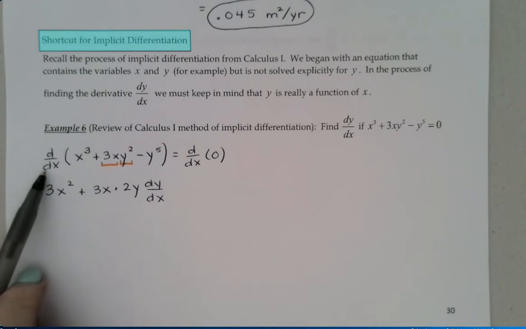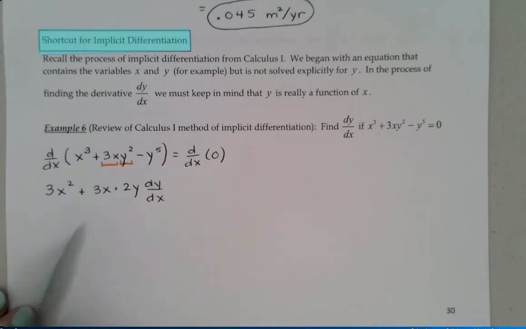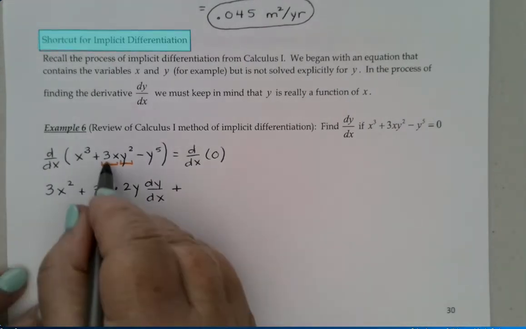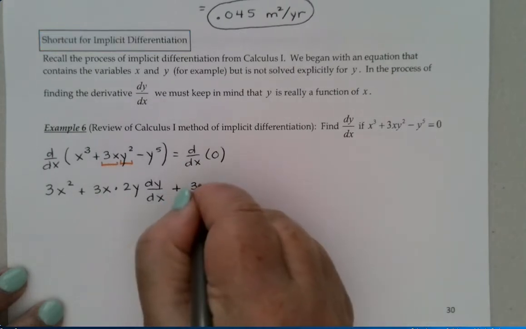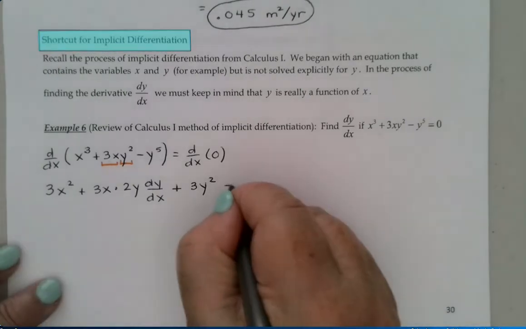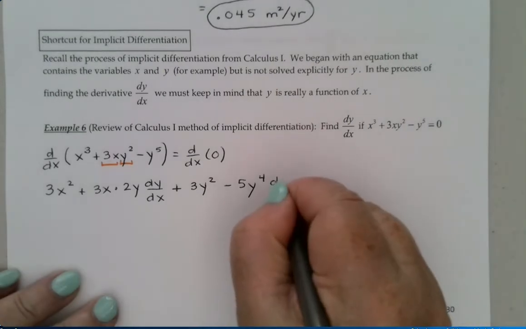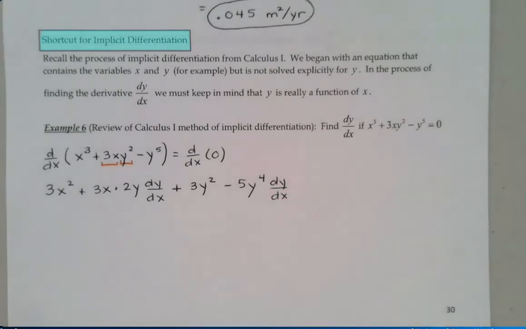Because I'm differentiating with respect to x, not y, keep in mind that y is some function of x, so my chain rule tags on that little extra dy/dx piece. Plus, second half of the product rule, the derivative of the first, which is 3, times the second, which is y squared. So a little product rule right in there. And then this last term, minus 5y to the 4th. But again, y is a function of x, so the chain rule tells me I have to multiply by dy/dx.